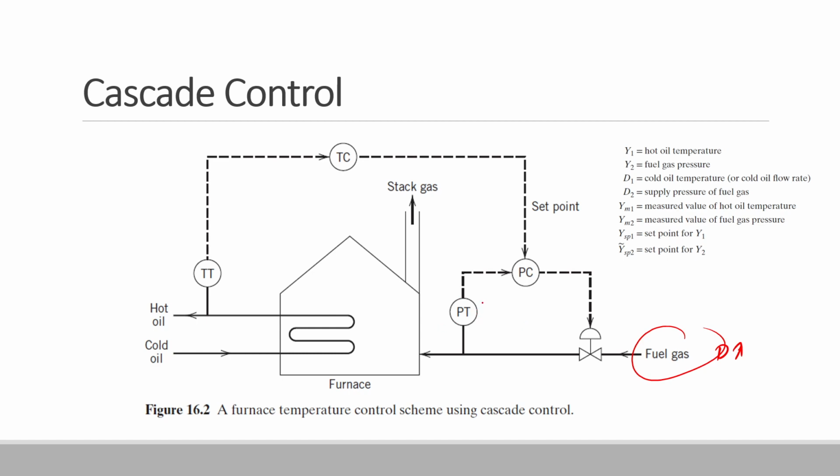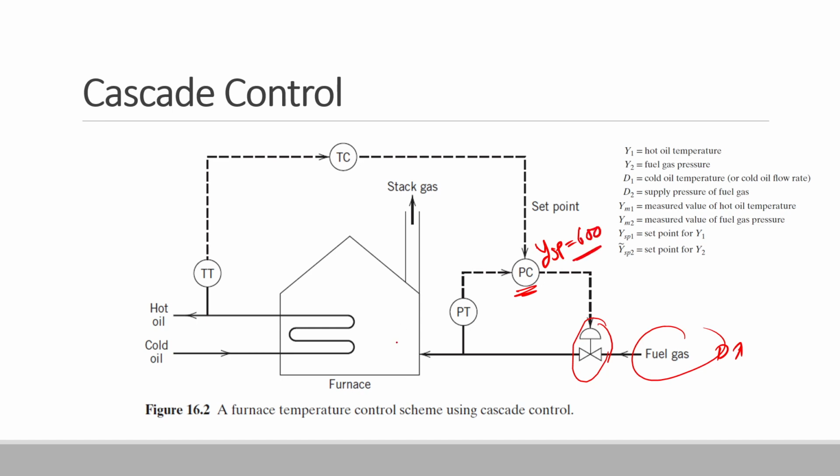As soon as we see any changes in pressure, we can manipulate this control valve in order to fix this value of pressure, or ultimately the flow, to some fixed value. Let's say the set point is 600, so that we need to fix.